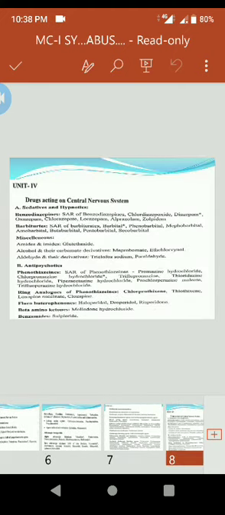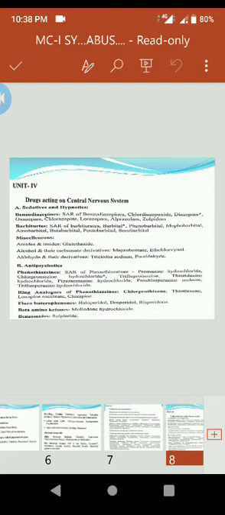Next, coming to unit 4, it contains drugs acting on the CNS, that means central nervous system. We have some subdivisions. In subdivision A, sedative and hypnotic drugs: benzodiazepines, barbituric acid, and miscellaneous. These come under sedative hypnotic drugs.